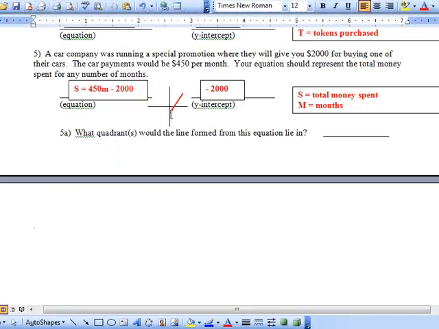So we can see here that our line starts at negative 2,000 and continues to grow. Now hopefully by now you've memorized that this is quadrant 1, this is quadrant 2, this is quadrant 3, and this is quadrant 4. So what quadrant or quadrants would the line formed from this equation lie in? It would lie in quadrant 1 and 4.